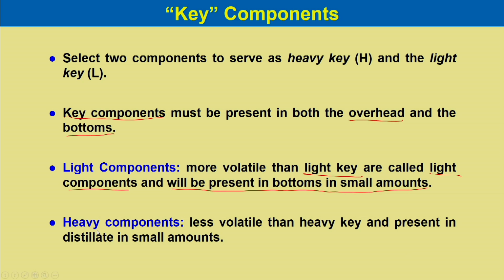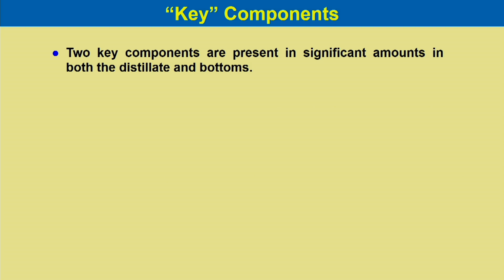Heavy components are less volatile than the heavy key and present in the distillate in small amounts. The two key components are present in significant amounts in both distillate and bottoms.